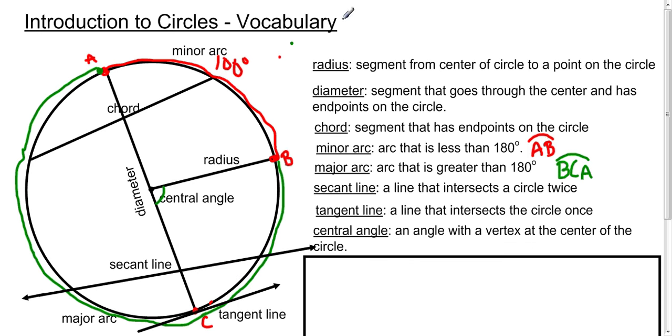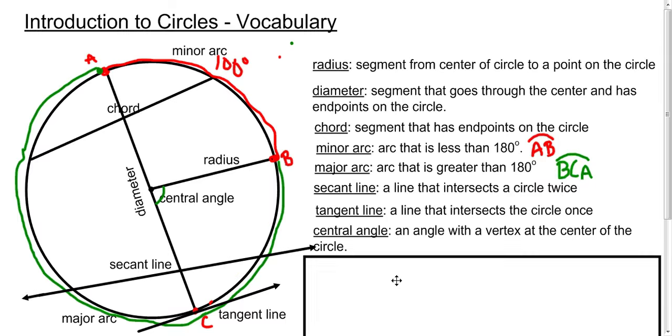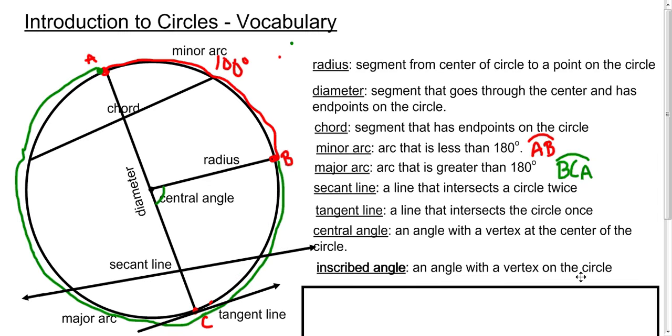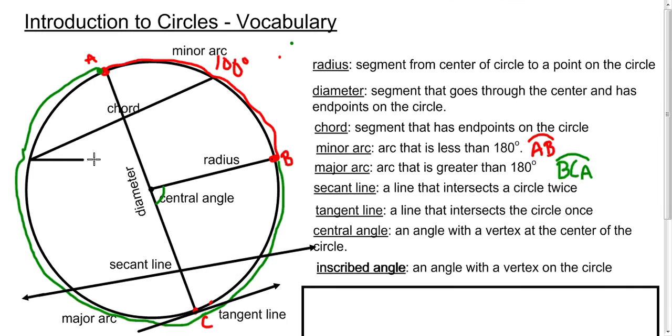All right, and then the last term, I believe, is an inscribed angle. This is an angle where the vertex is on the circle. I don't see any here. Maybe I'm missing it, but I'll draw one in. If I take this chord and draw a line like this to B, this angle right here, see how it's not at the center, like the central angle?